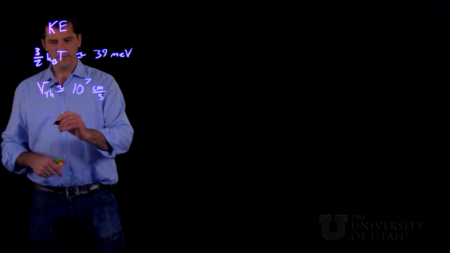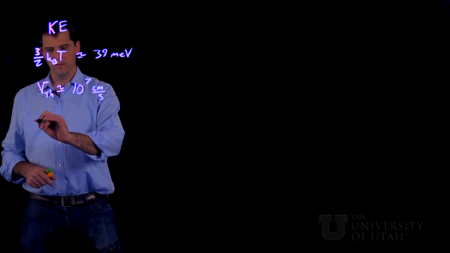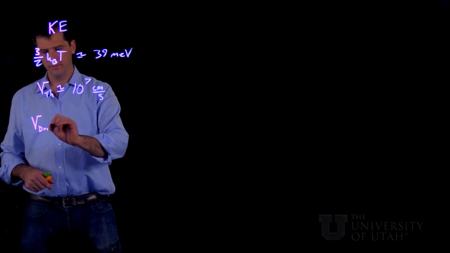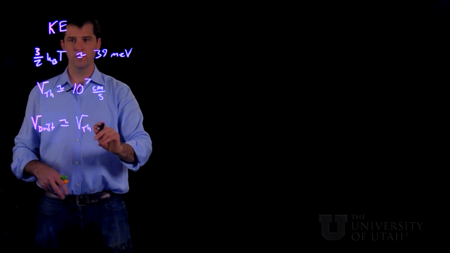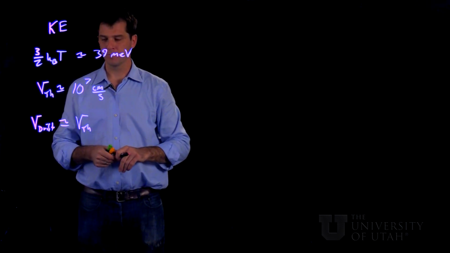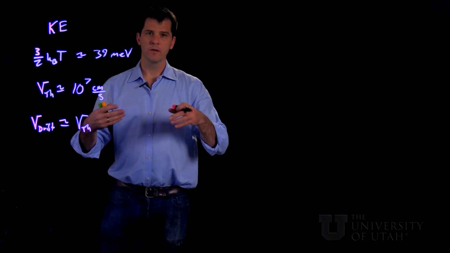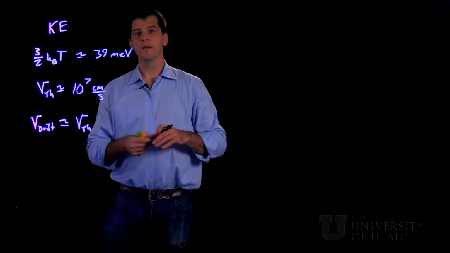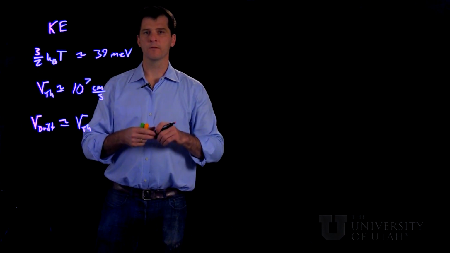The comparison needs to be when our drift velocity is about equal to the thermal velocity, or when our kinetic energy is approximately equal to the thermal energy. And when this happens, we will disturb the population of electrons or holes and start to have the ability to have new physics happening.